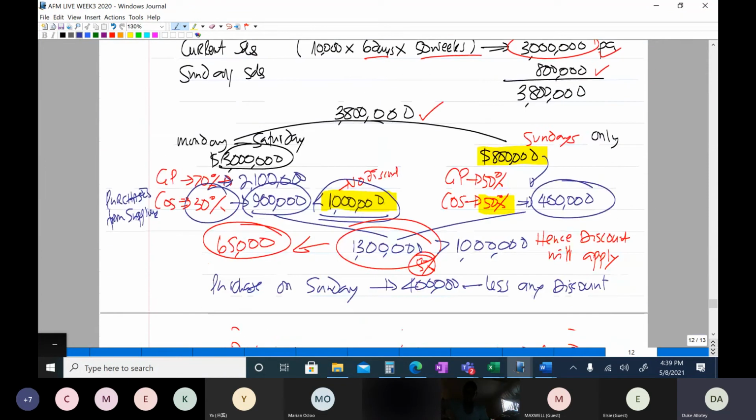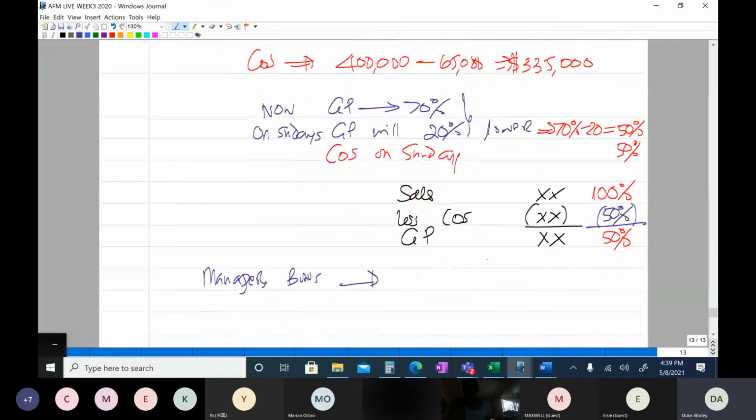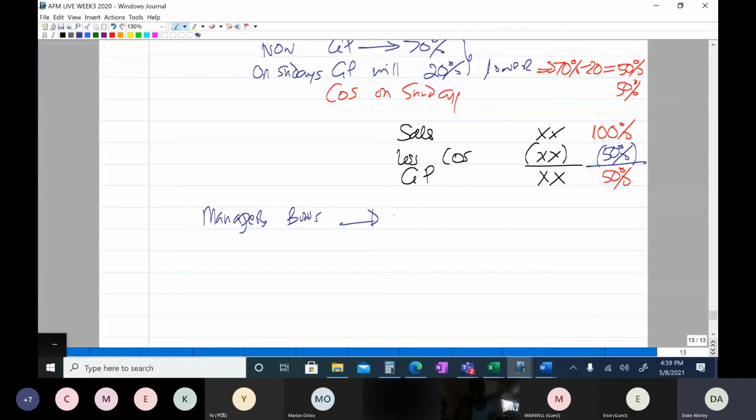Now, I want you to pay attention and see the analysis here. He gets a bonus of 8,000 annually. Now, this 8,000 annually is for 50 weeks.